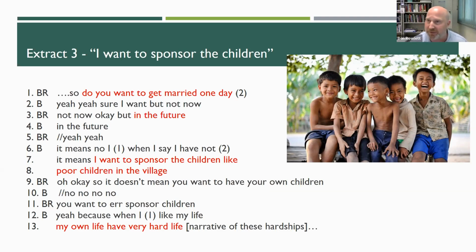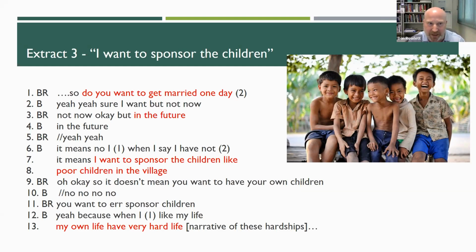So after I'd asked about starting his business, Boré interjected with a declarative statement that he wanted to help the children here. And I misinterpreted this statement by suggesting that he wants to get married and have children. So in this way, I was positioning Boré, with this temporal deictic in the future in line 3, along a very heteronormative life path, probably again in the light of what I understood to be his heterosexual identity.